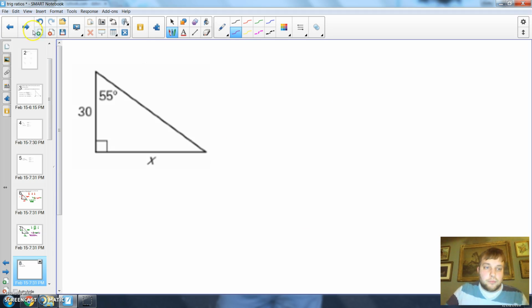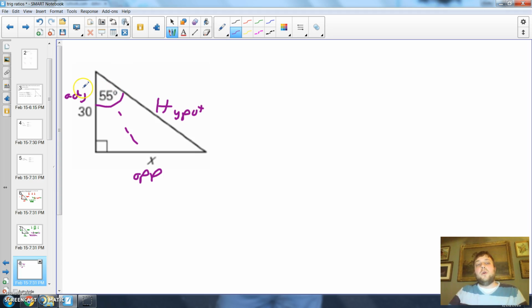Next problem. Alright, here's my angle, 55 degrees. I know my opposite. See how fast I'm going to start getting here? My hypotenuse, I don't know anything about. No information given. And then I have my adjacent. Which one does opposite and adjacent?